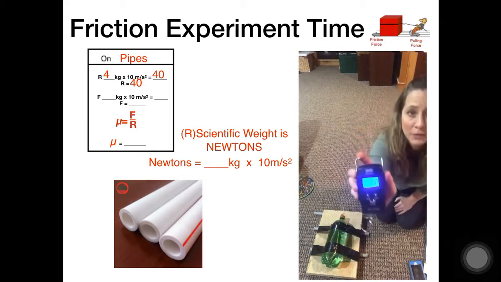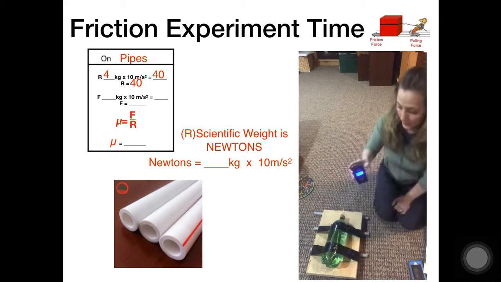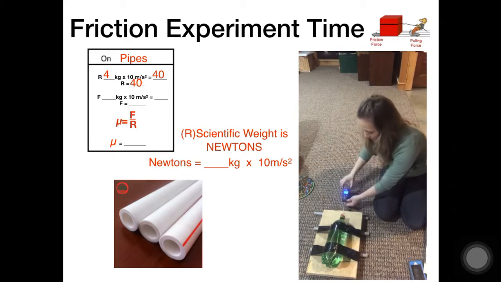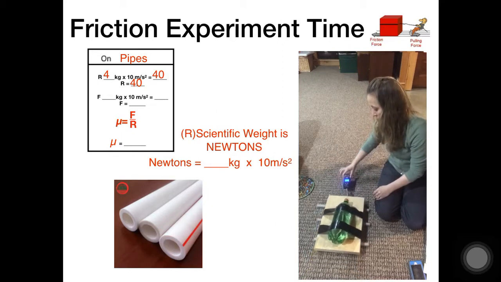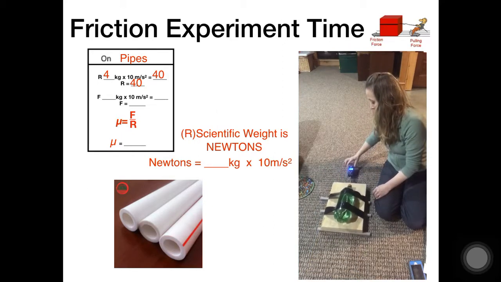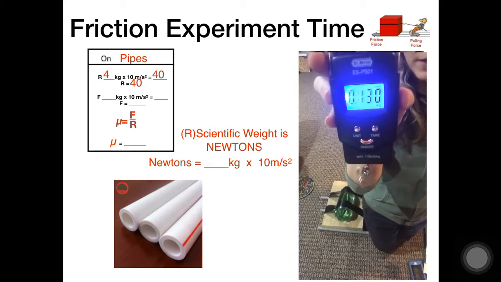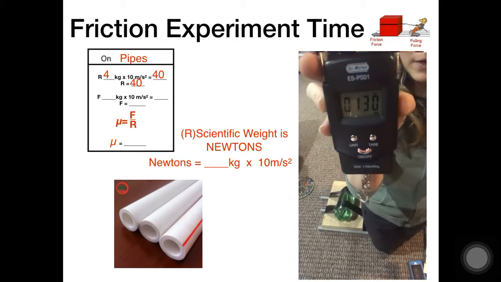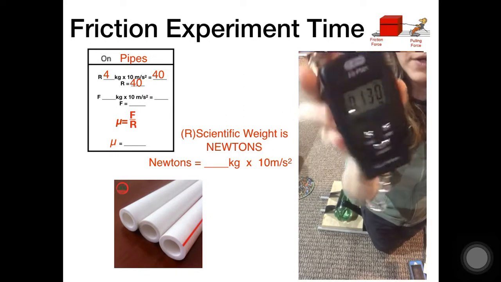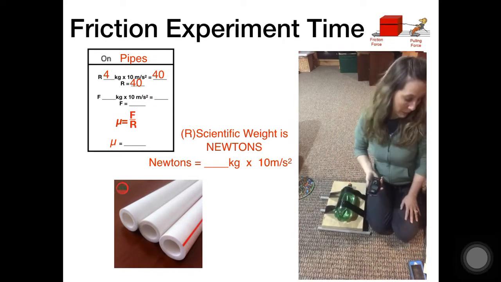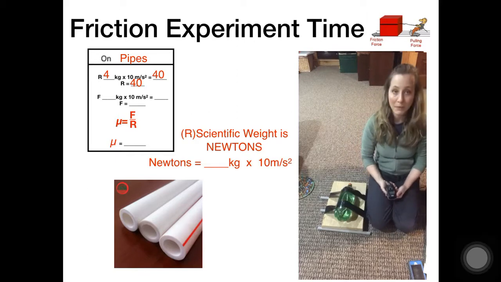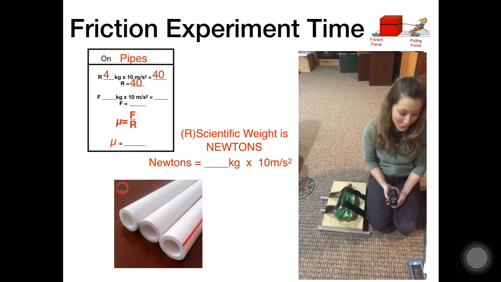I have my scale zeroed out. And if you notice, that one is 0.13. That is a pretty big difference from our carpet that was 1.2.